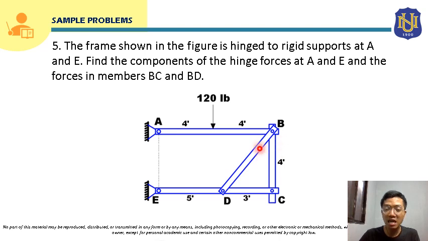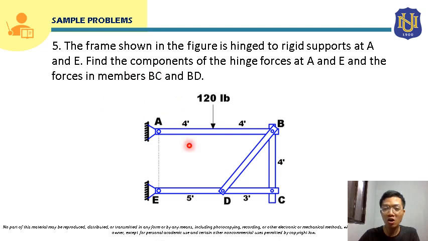Meaning to say, this member BD will not be subjected to bending, so it will just be subjected to axial force, either compression or tension. That's why we will just compute for the axial force for member BC in this problem.